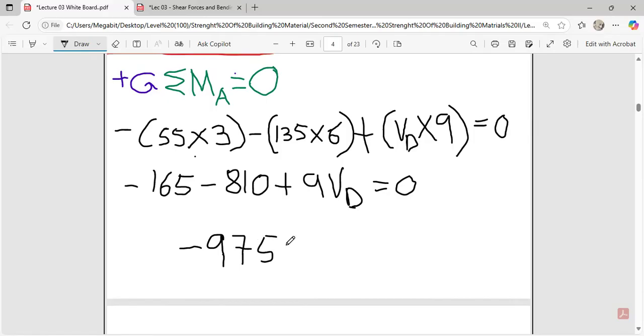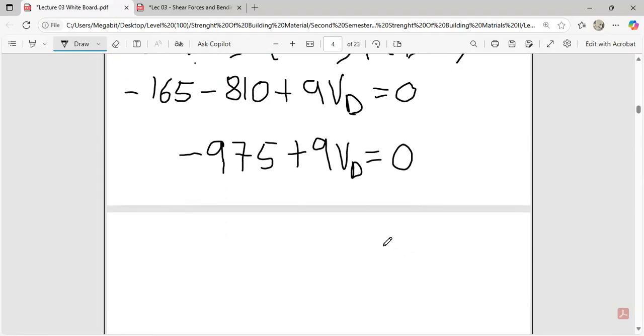Then from there, you still put your 9 VD is equal to 0. From here, you only group like terms, a change of subject.